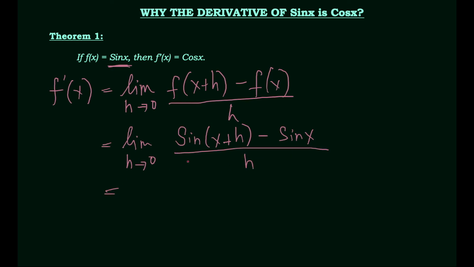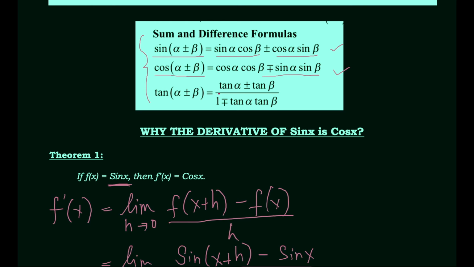So this time in the numerator we have sine of x plus h, and take note, if we are talking of trigonometric functions, it means that we are looking for the value of an angle. So in other words, the letters x and h here are both acute angles in a triangle. So this is a sum. So in other words, we'll be using our sum formulas, because we have two angles, x and h.